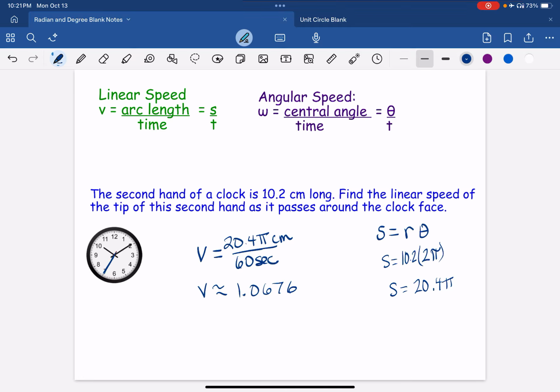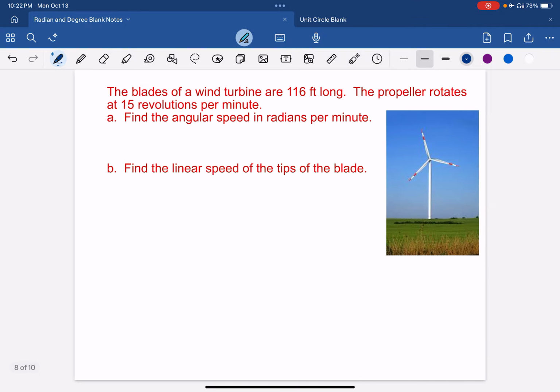Okay, and let me try that again in my calculator just to make sure. 20.4 pi divided by 60. I think I had a rounding issue there. So it's 1.068. We'll round that to 3 places. Okay, there we go. And centimeters per second. Okay, all right, on to another example.